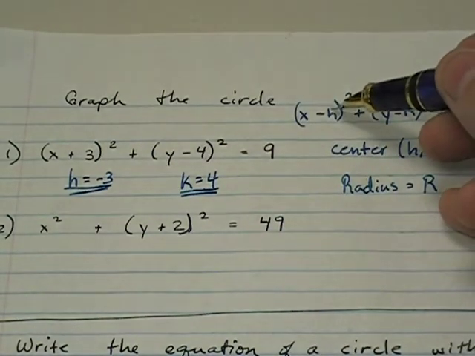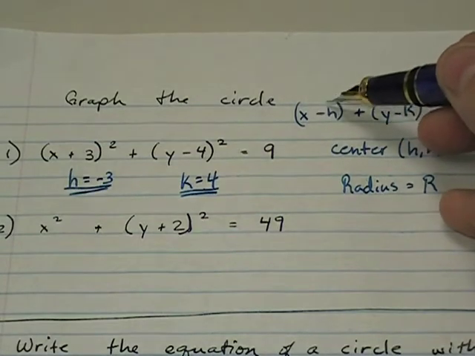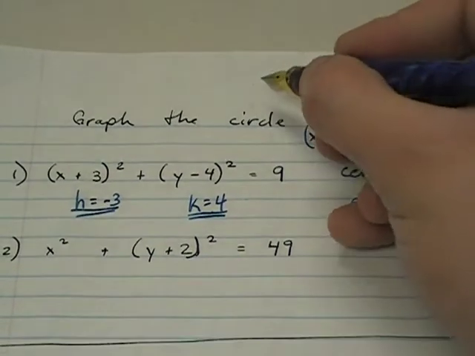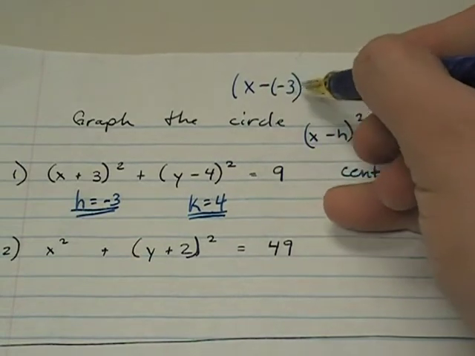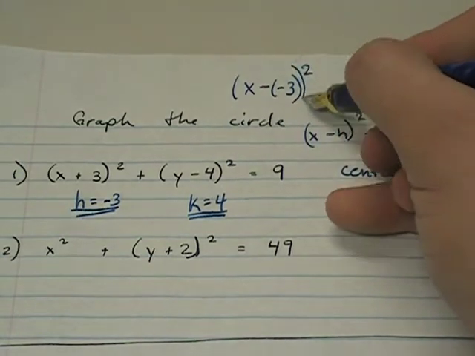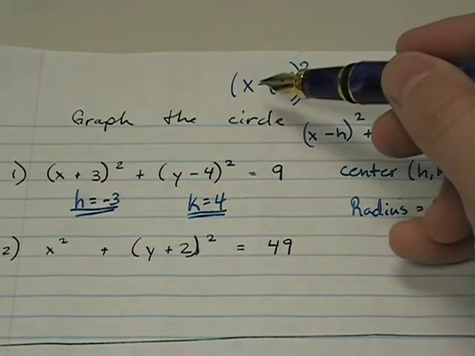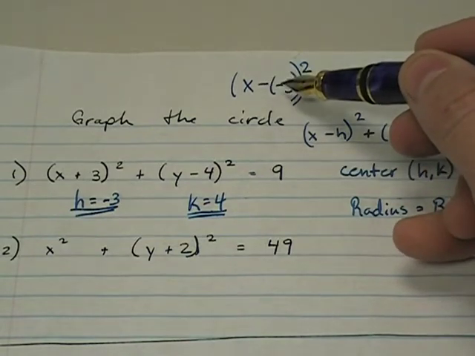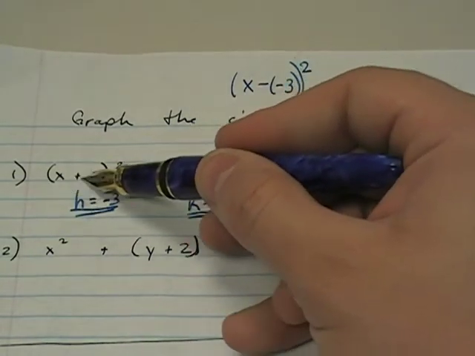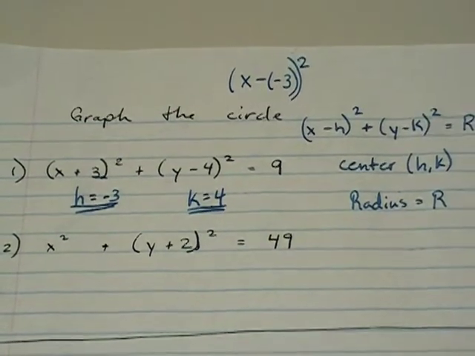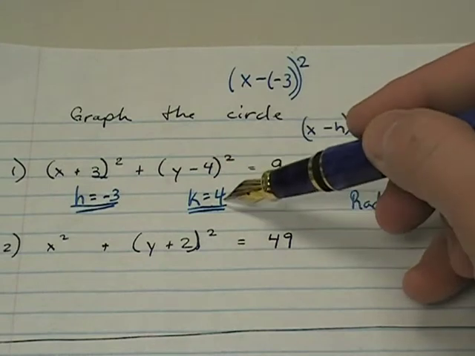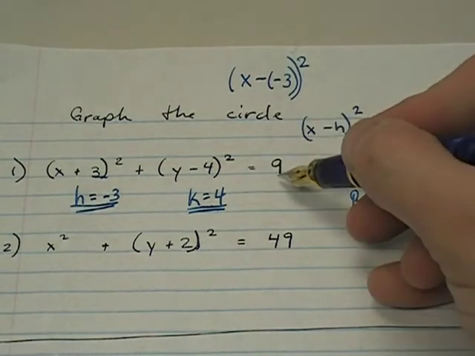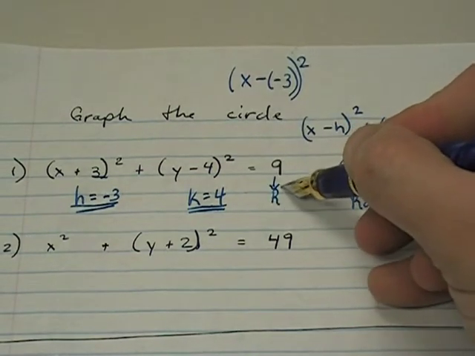And the answer is negative 3. x minus negative 3. If I wrote x minus negative 3 squared, what's minus a negative 3? You're going to end up with, ta-da, x plus 3. So h is negative 3, and k here, of course, is 4, and that equals 9, and 9 is r squared.